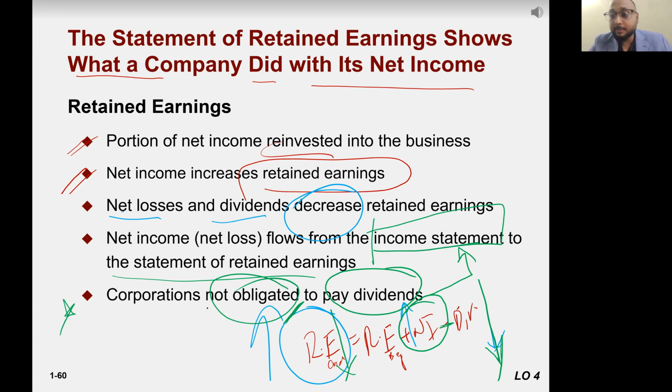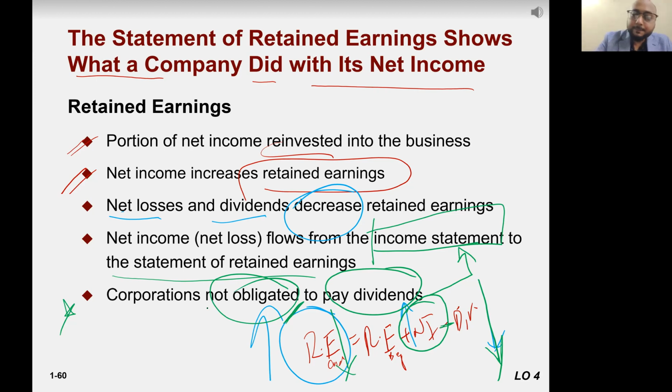If companies see the wisdom of keeping all the money with them, because in future they need to expand the business, buy plant and machinery, or replace a big expense, it's better to use their own earnings rather than go to the bank and ask for funding. That funding is not cheap. You have to pay interest, and interest decreases the net income, right?